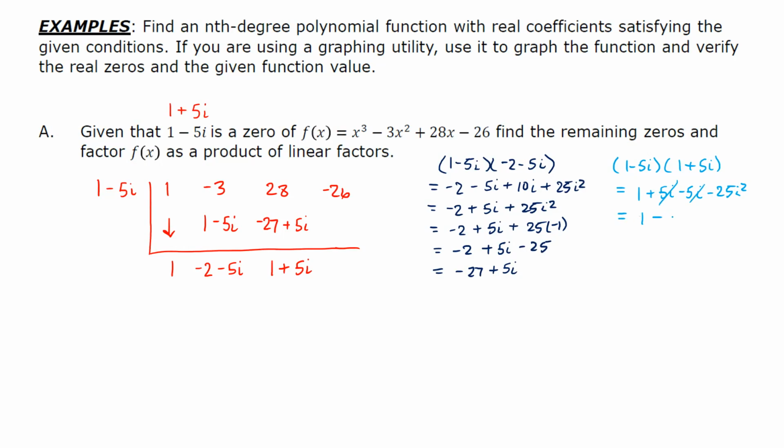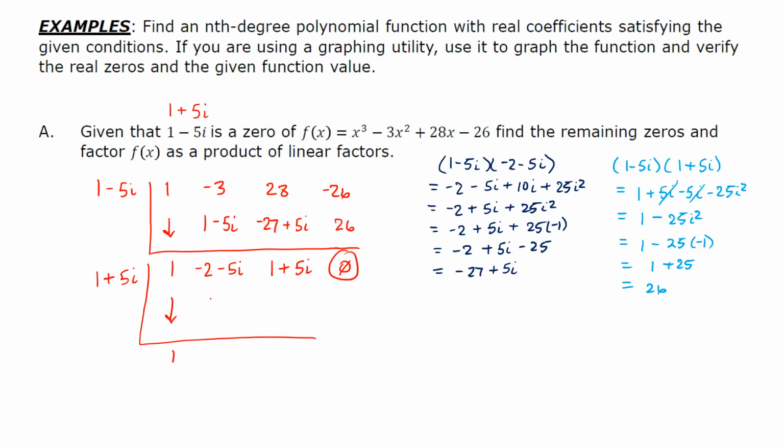So I have 1 minus 25i squared. 1 minus 25 times negative 1 makes 1 plus 25, which equals 26. And then 26 minus 26 is 0. Excellent.